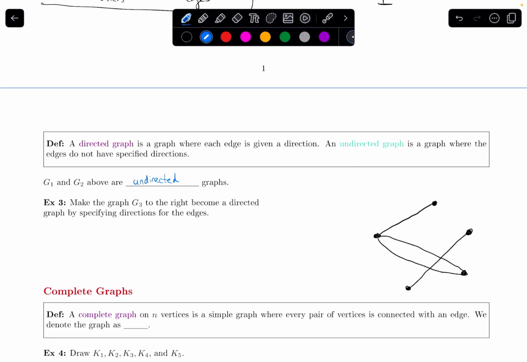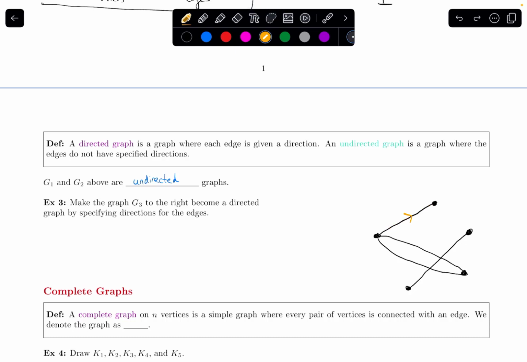Okay, now let's do an example where we get a directed one. So the example says, let's make this graph G3, that's to the right, become a directed graph by specifying directions for the edges. Right now, there are no directions specified for the edges, but I can specify some. Maybe for this edge right here, I'll specify with an arrow that the direction is progressing up to this vertex that's up above.